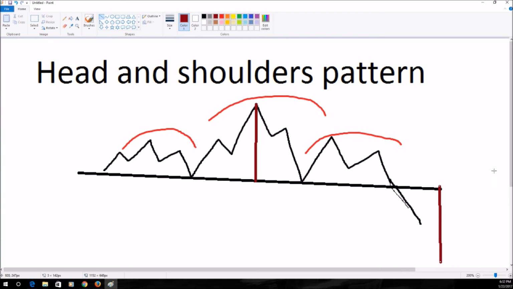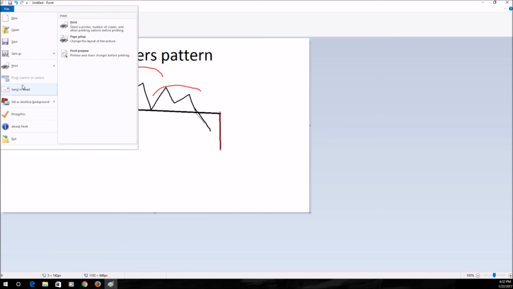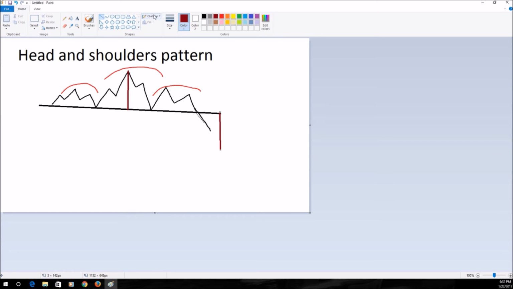You go here. Okay, and this is how low the price usually goes after a breakdown.